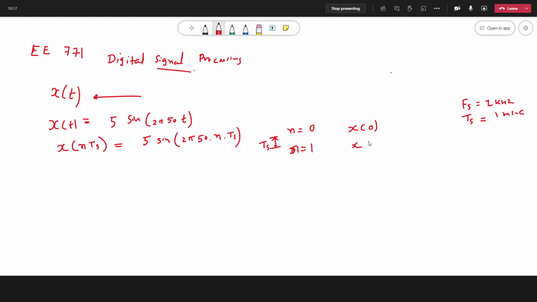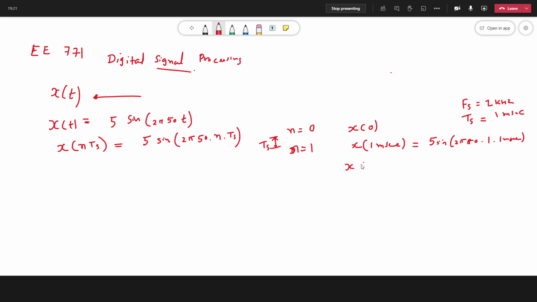So after 1 millisecond, I will again be taking the sample. So x of 1 millisecond can be written as 5 sine 2 pi 50 into 1 millisecond, or it is n into Ts, that is 1 into 1 millisecond.